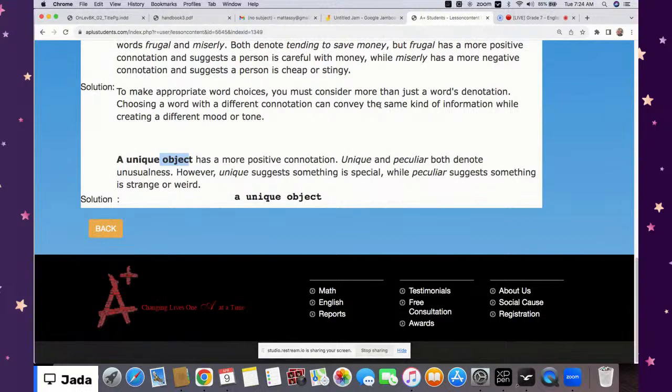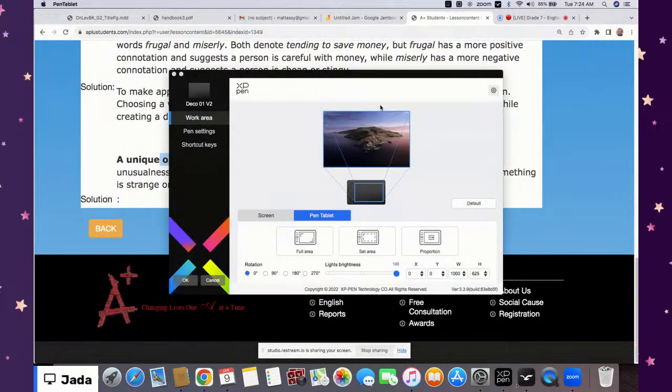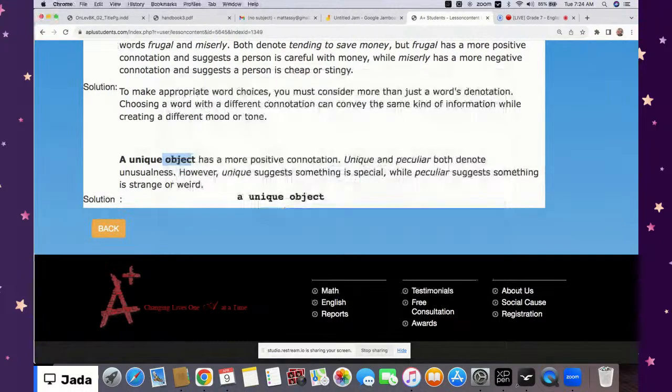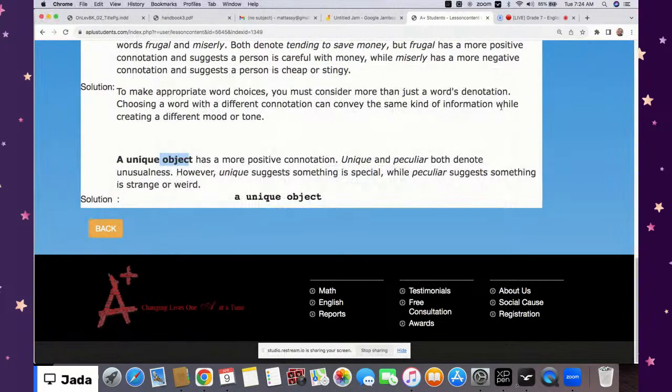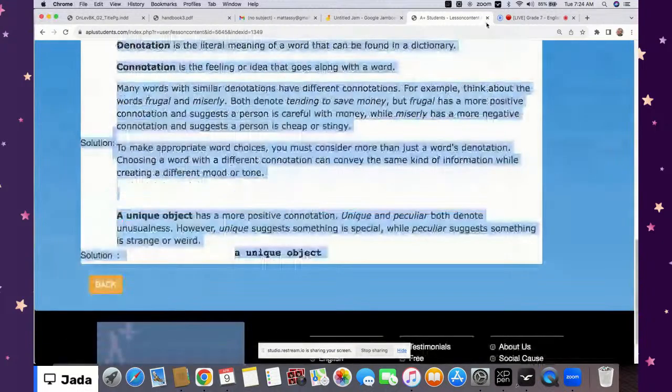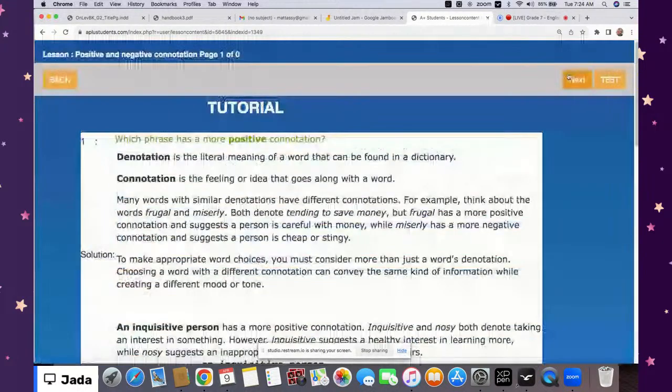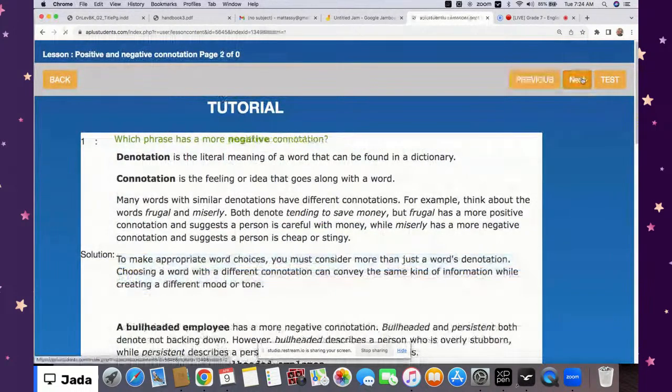Let's have some more examples. So we have negative. Which one?